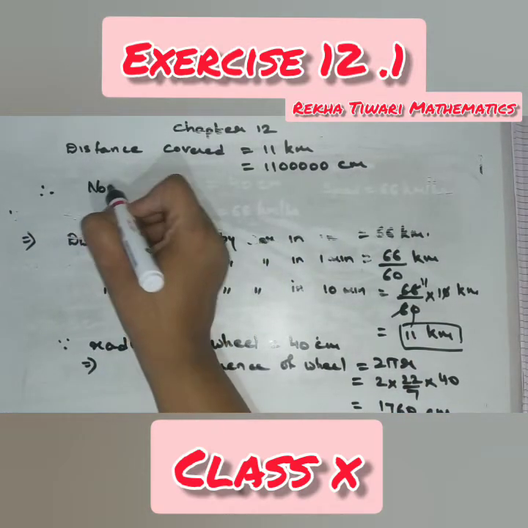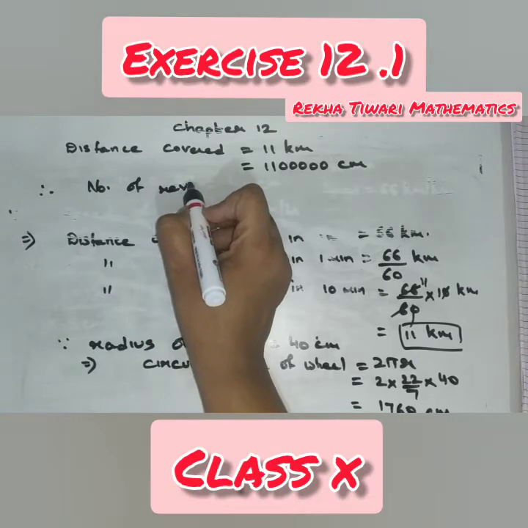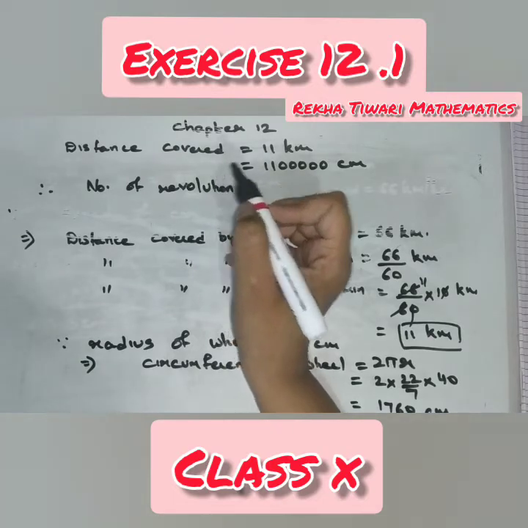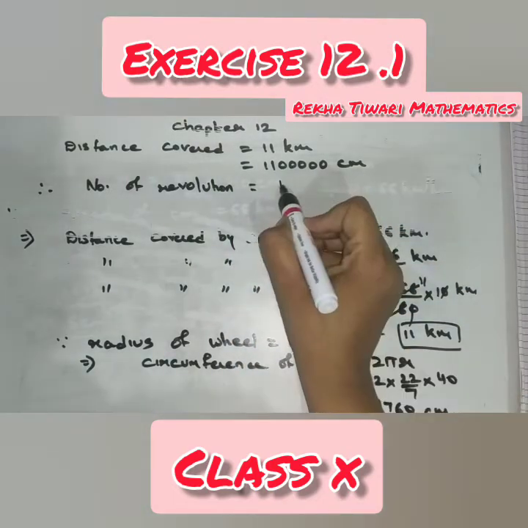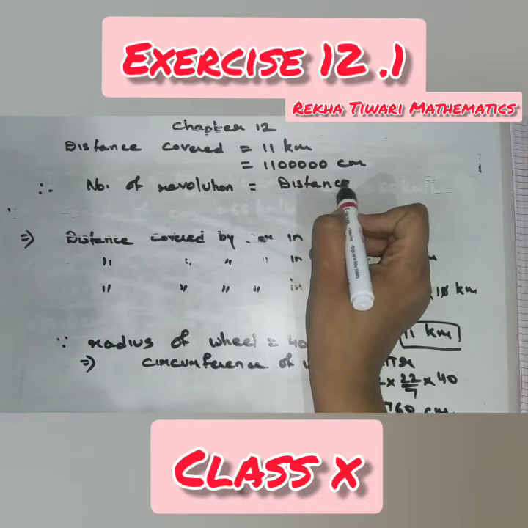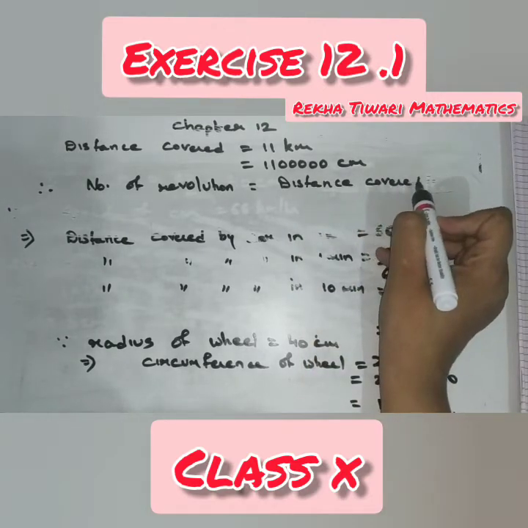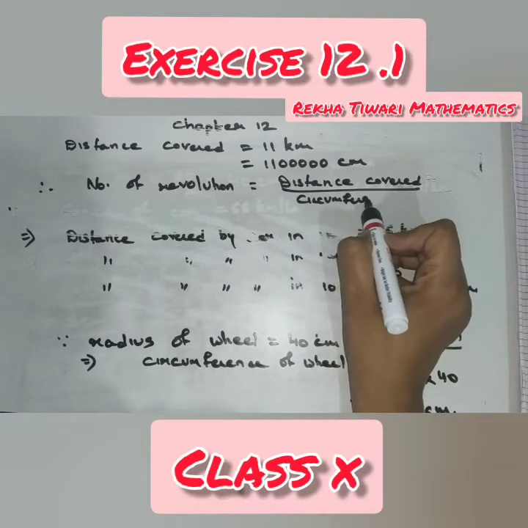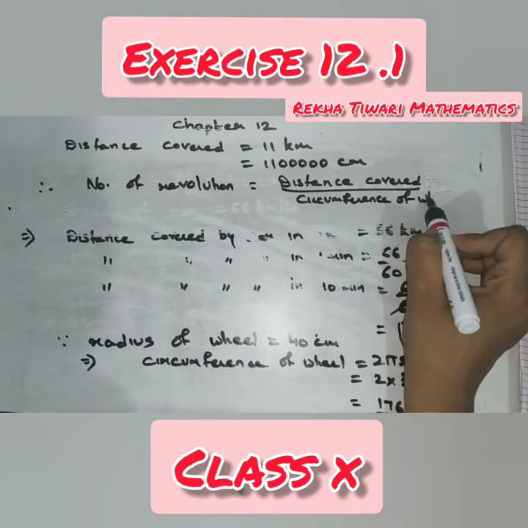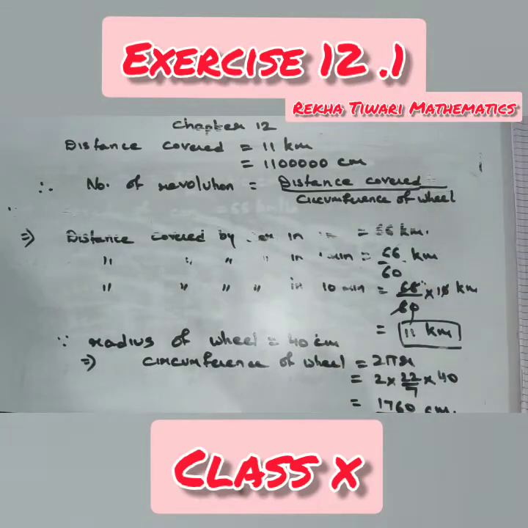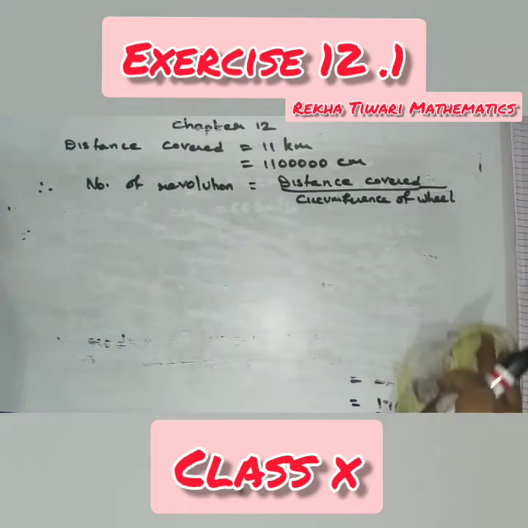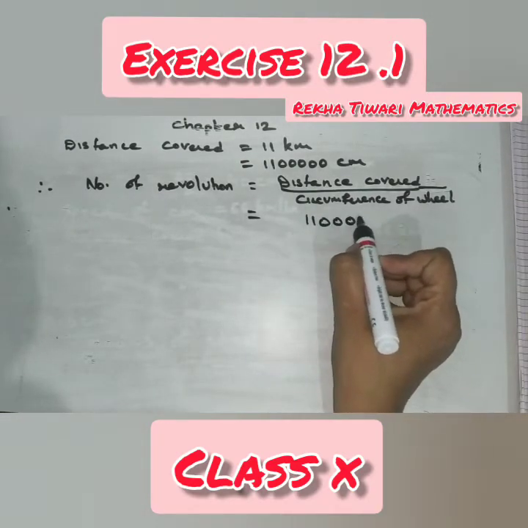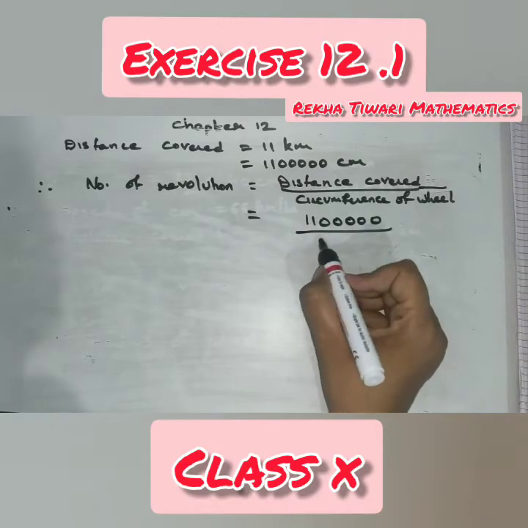Therefore, number of revolutions is equal to distance covered upon circumference of wheel, which implies 11, and what is the circumference?